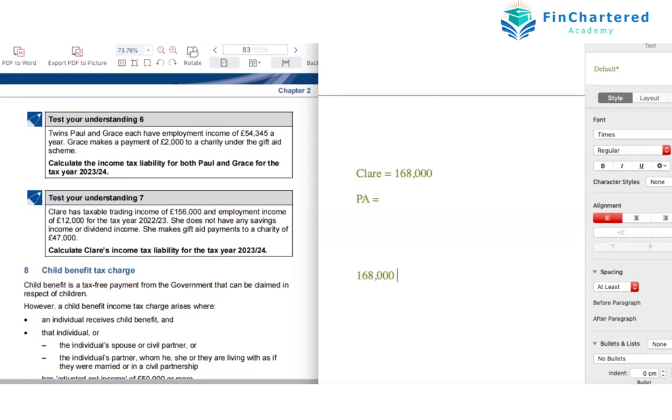So what we will do is 47,000 into 100 divided by 80. And the same amount we will also use to move the basic rate band. Remember, I told you how you move the charity amount. Forget personal allowance also. Normally speaking, 37,700 will be taxed at 20%.